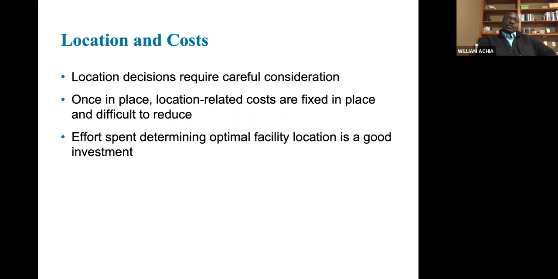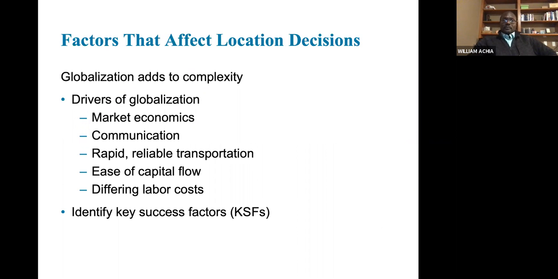And in addition to that, what about the macro environment? How do we consider what's happening in the macro environment in terms of trends associated with sales, trends associated with technology and all that? That makes a big difference. So that, in a nutshell, is what are some of the things that you'd have to consider when committing to a location.